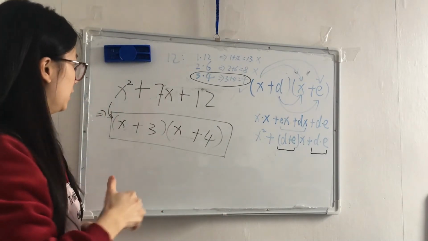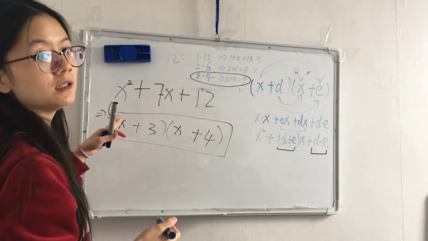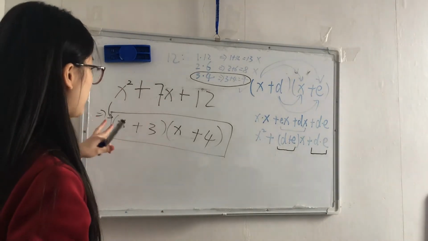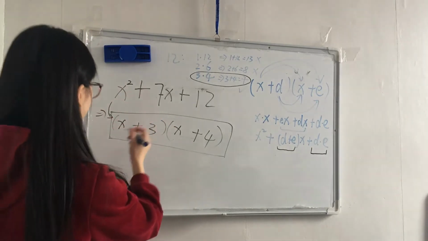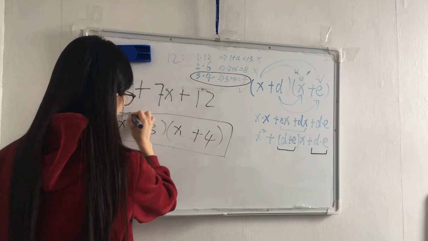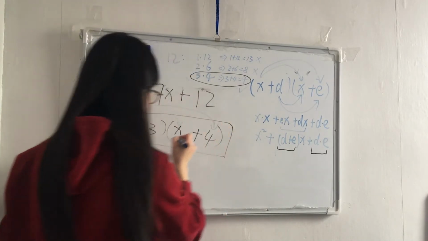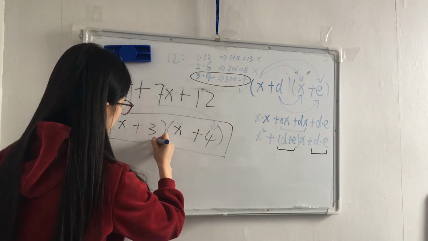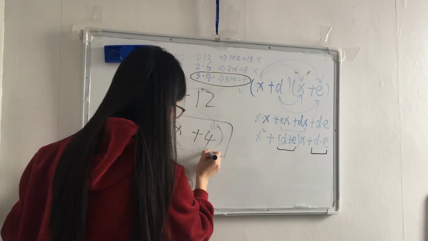Okay. Or we can check by applying the distributive property to see if we can get back this trinomial. This term multiplies this term, and first term multiplies the last term, and the inner terms multiply together, and then this term multiplies this.